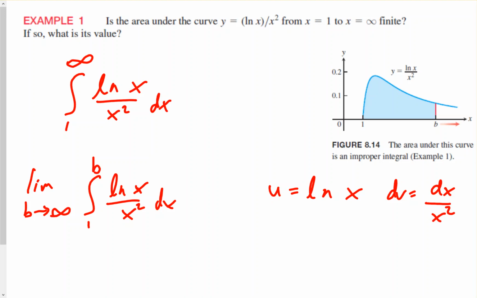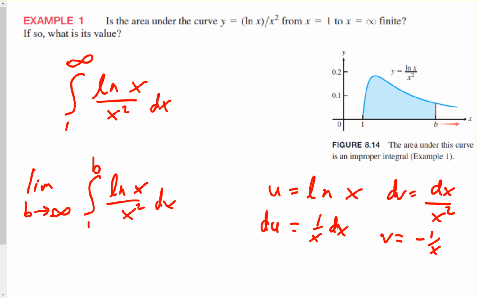So if that's the case, we have u equals ln x, that means du will equal 1 over x dx, and then v, if we integrate this, v would equal negative 1 over x.